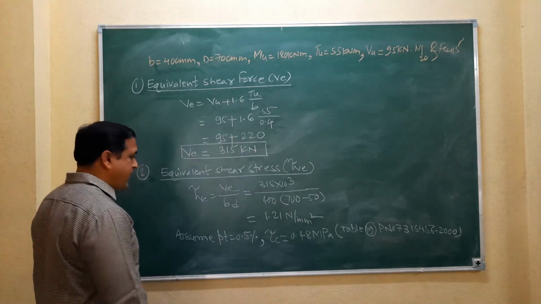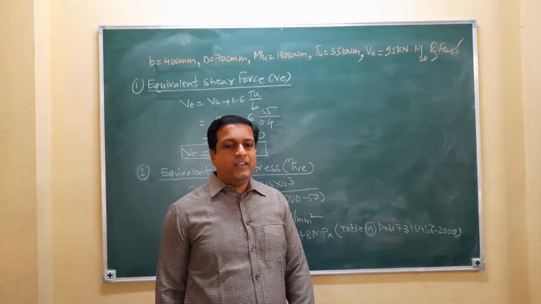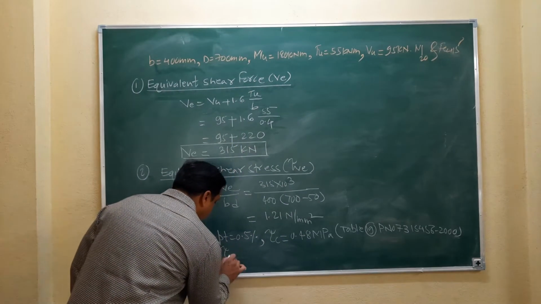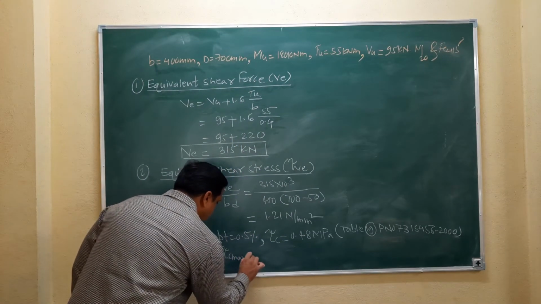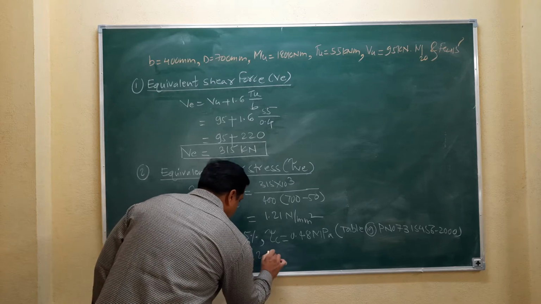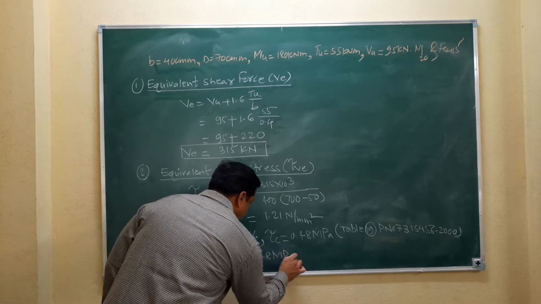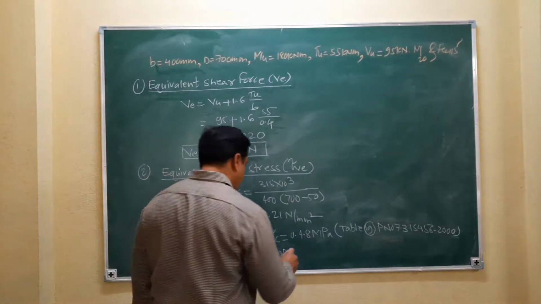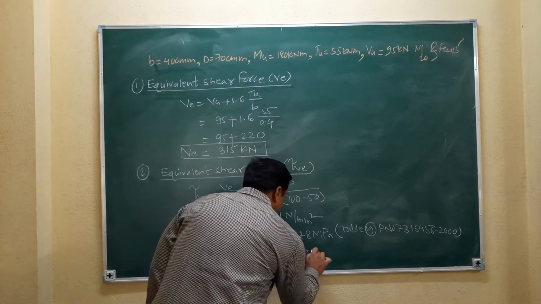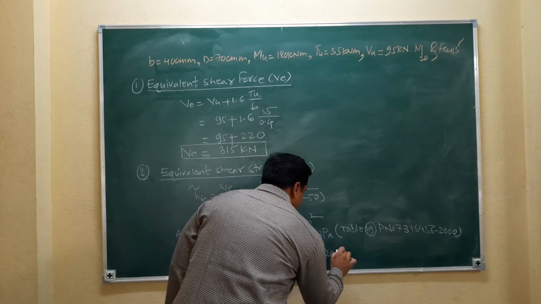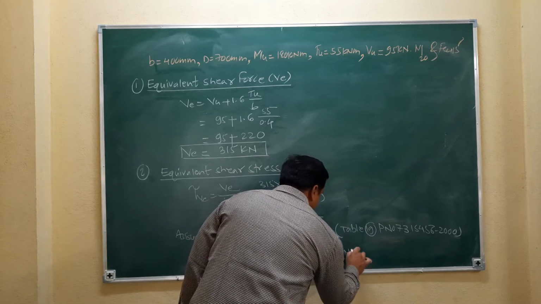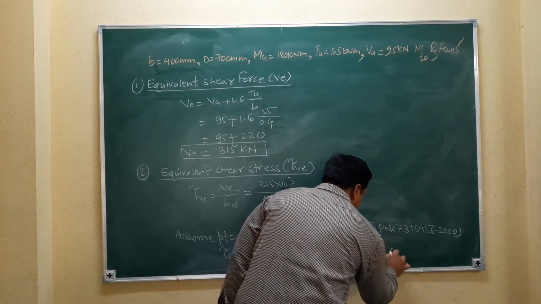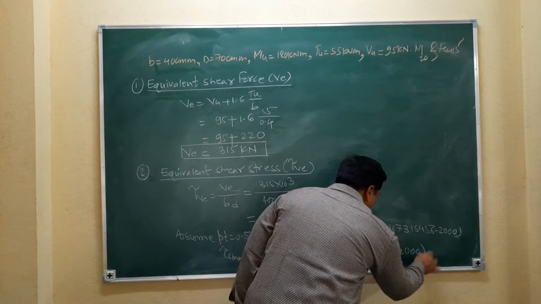And tau c max is directly taken from table 20. The value of tau c max is equal to 2.8 megapascal from table 20, on the same page, page number 73, IS 456 2000 version.